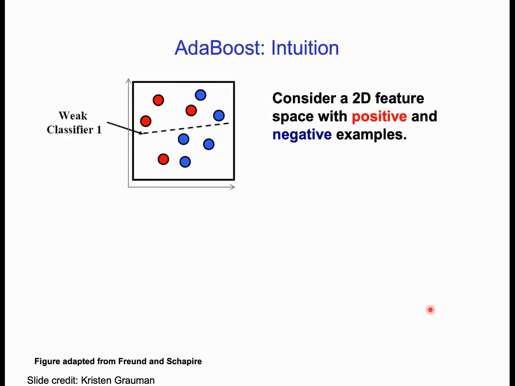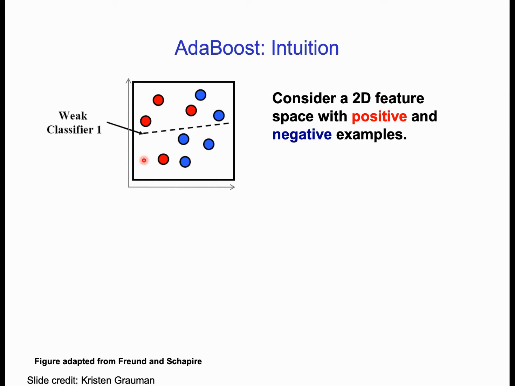So what's the intuition behind AdaBoost? Let's assume that we have a simple problem with a two-dimensional feature space. I have the positive examples shown with the red dots here, and the negative examples shown with the blue dots here. I want to create an algorithm that will classify these samples perfectly.